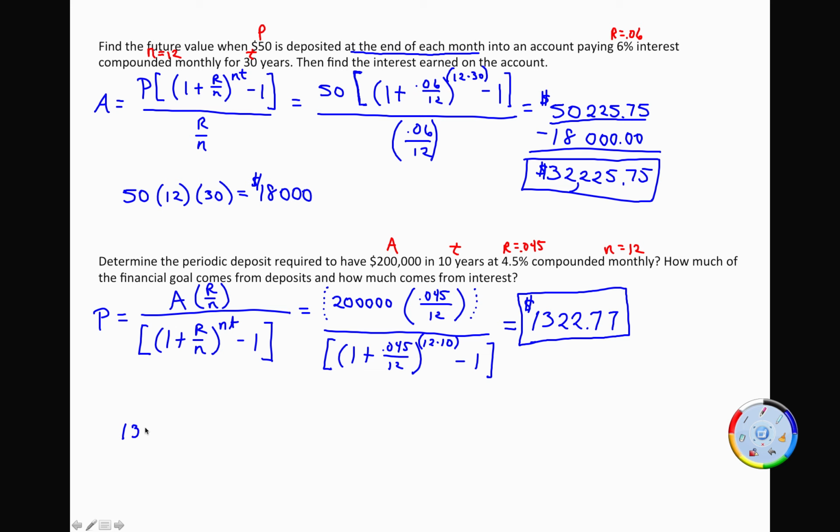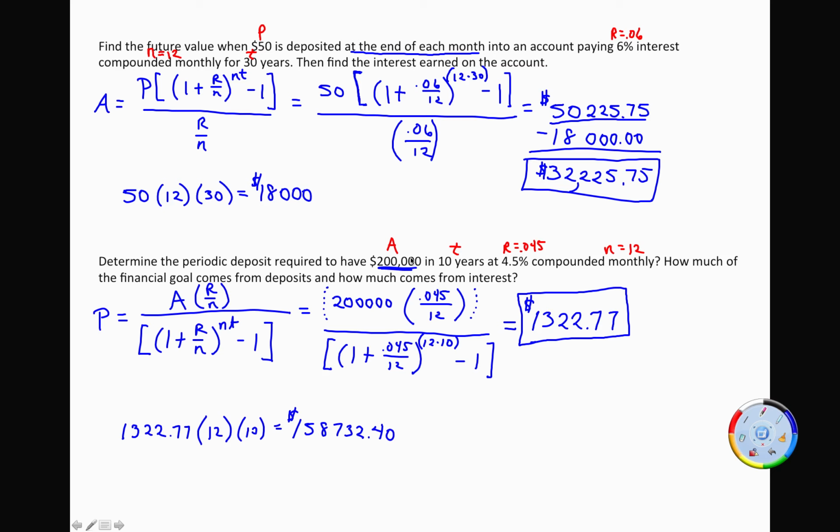Well, if I'm putting $1322.77 every month for 10 years, then I have physically put in $158,732.40. So all of the rest up to $200,000 is interest.